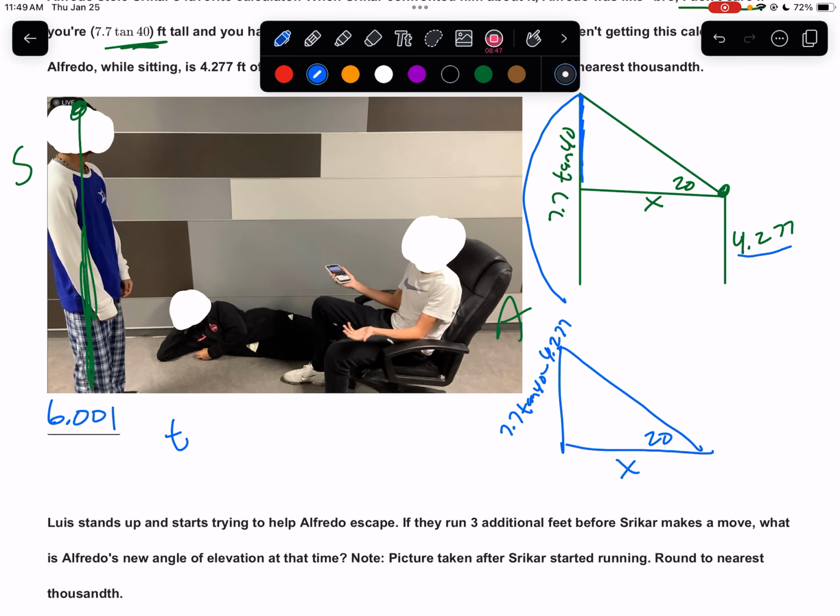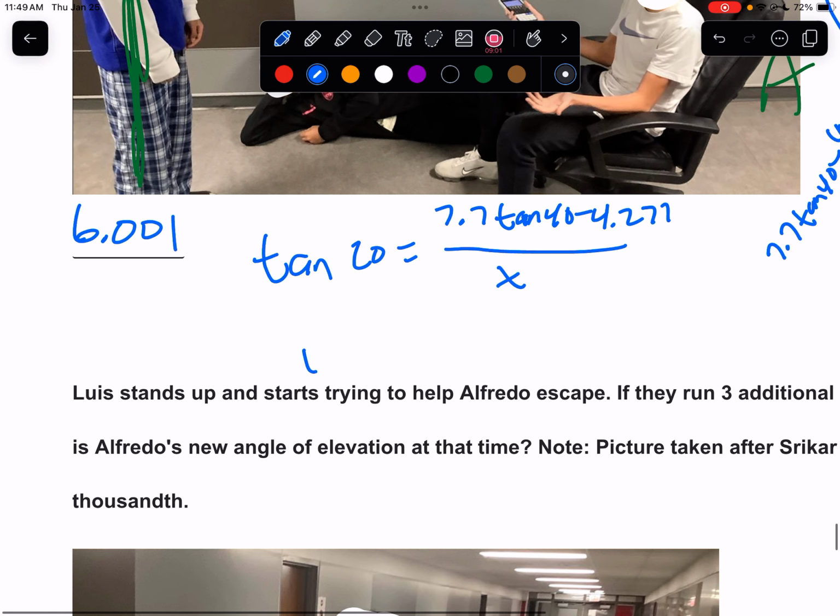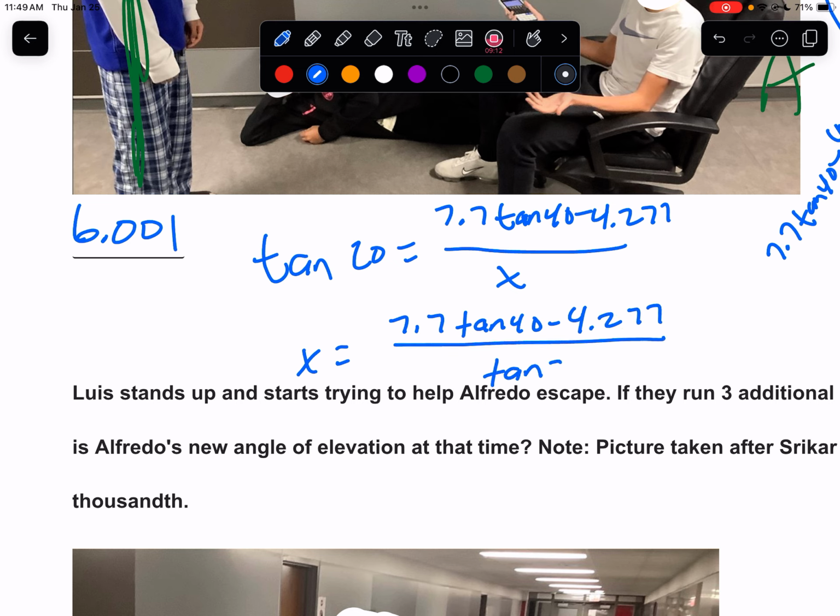It's going to be the tangent of 20 equals opposite, which is 7.7 tan 40 minus 4.277, over adjacent, which is x. If x is down low, they switch places, you know. So that's going to be 7.7 tan 40 minus 4.277 divided by the tangent of 20.